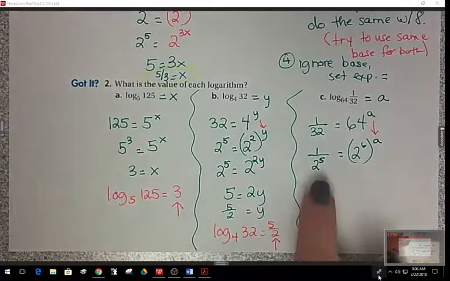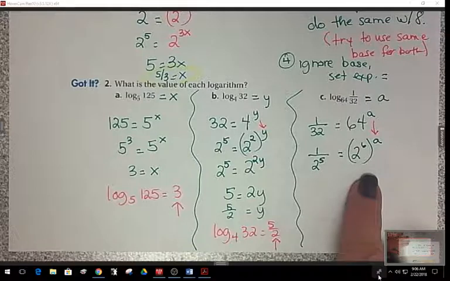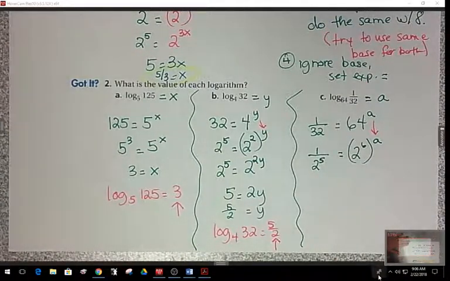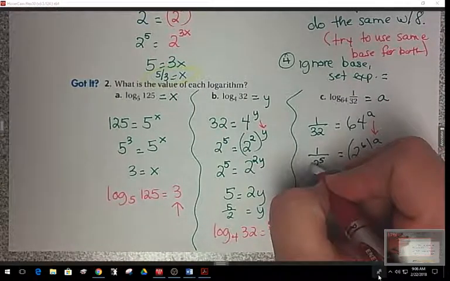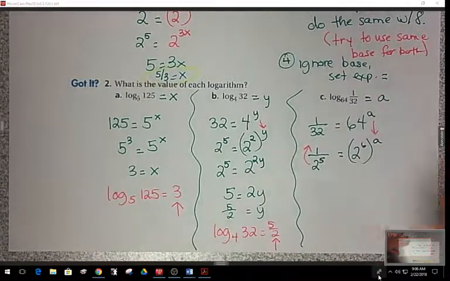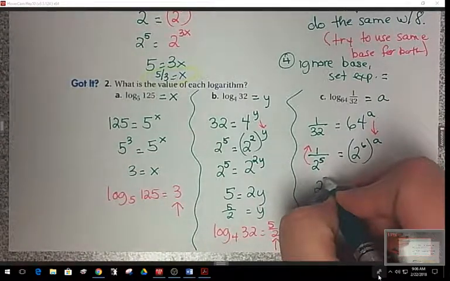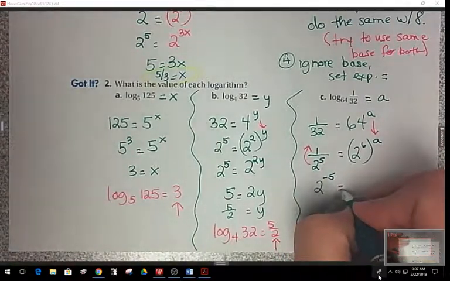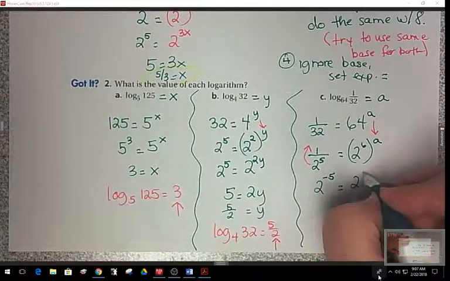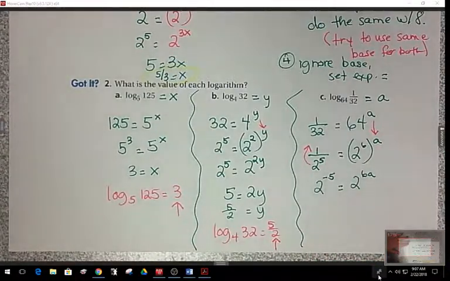So now, since I have a fraction on this side, but not on this one, I need to kind of make them look the same. So what I'm going to do is move this up so it's not in a fraction anymore. But what that does is give me a negative exponent. And then on the right side, multiply my powers. And now I have the exact same bases. Neither one's in the bottom of a fraction.